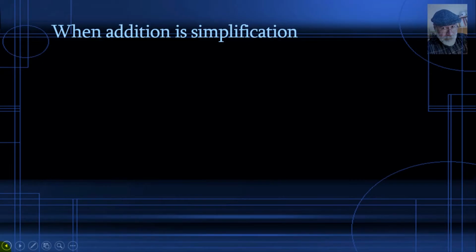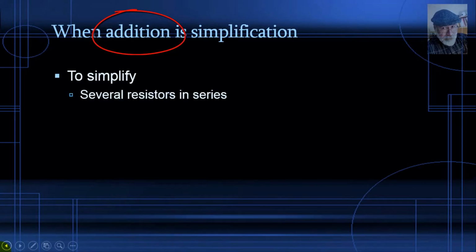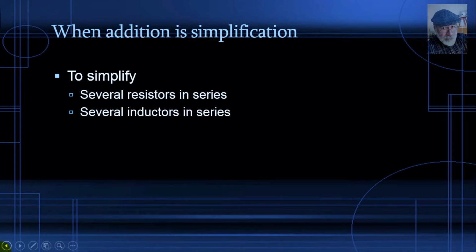Sometimes the simplification's computation is as simple as an addition. Let's see. To simplify several resistors in series, I'm not talking of two, I'm talking of 2, 3, 4, many of them in series, or several inductors in series as well, or several voltage sources in series.